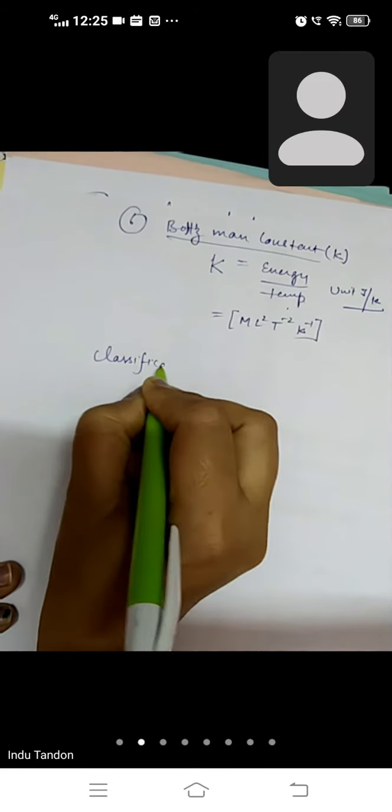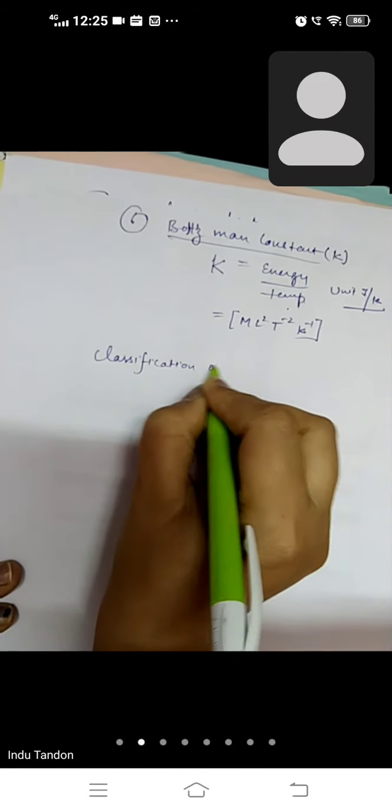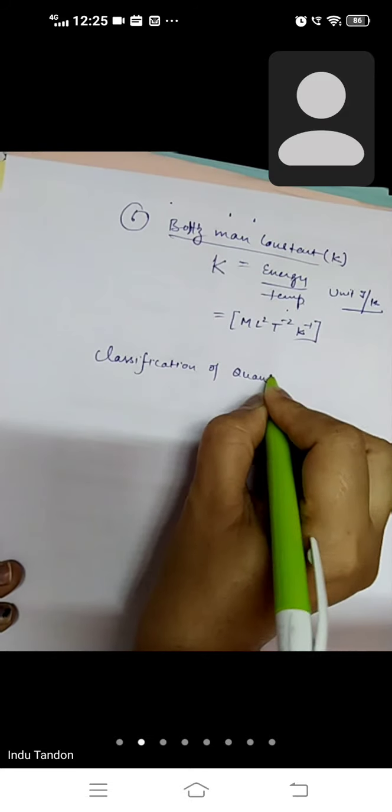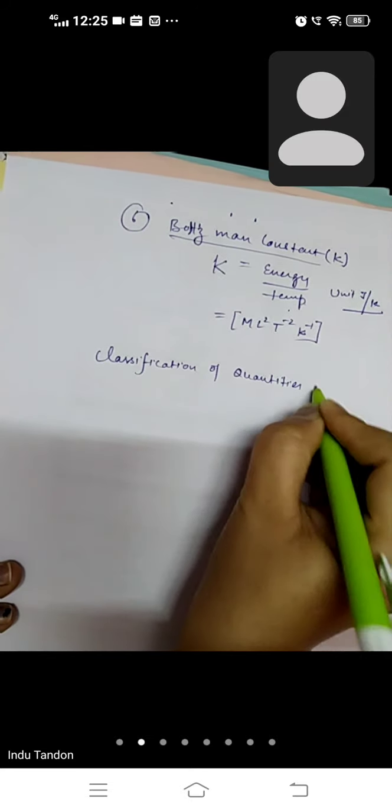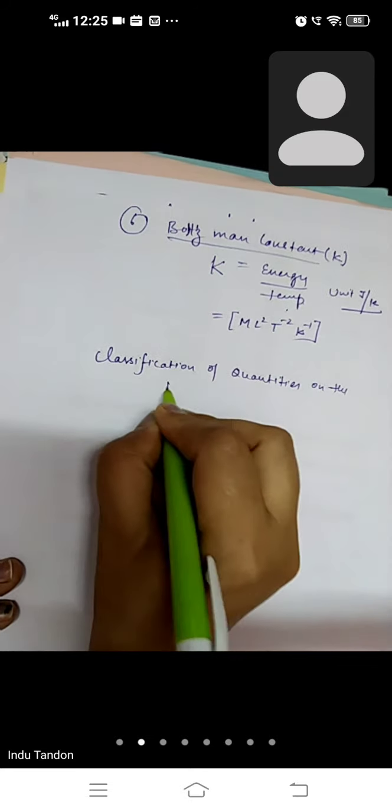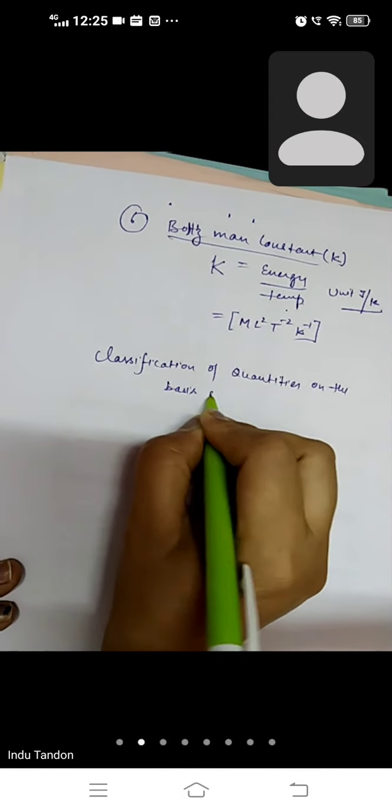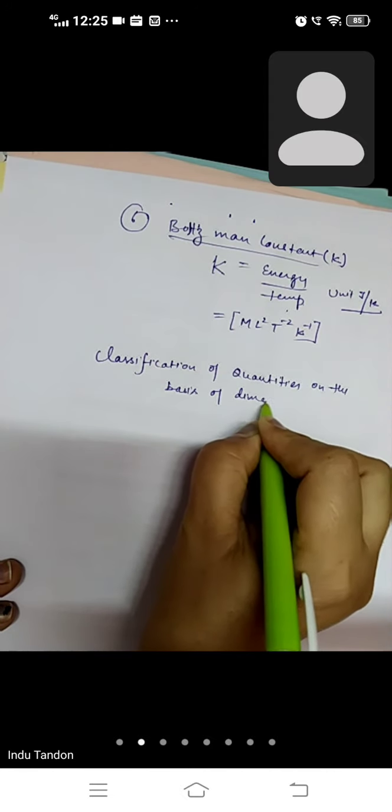I have covered most of them. Now the next is classification of quantities on the basis of dimensions.